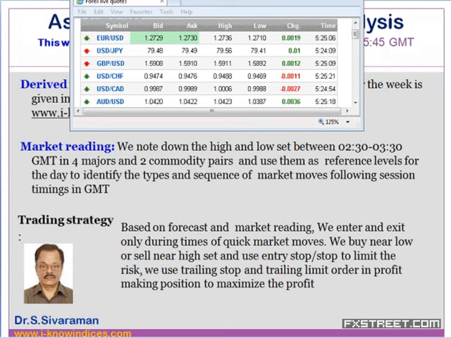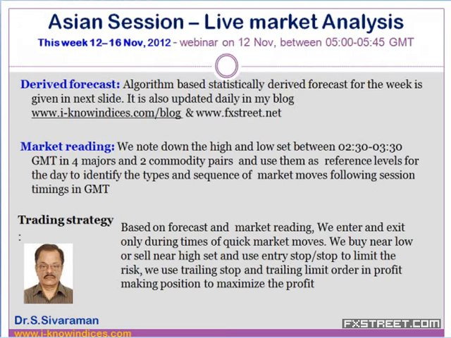Now, let me go to the expected market moves for this week, which is derived based on the forecast. The week beginning false move: normally they do it during the second and third weeks. Then later on they are expected to make the intentional move, either on the upside or on the downside.